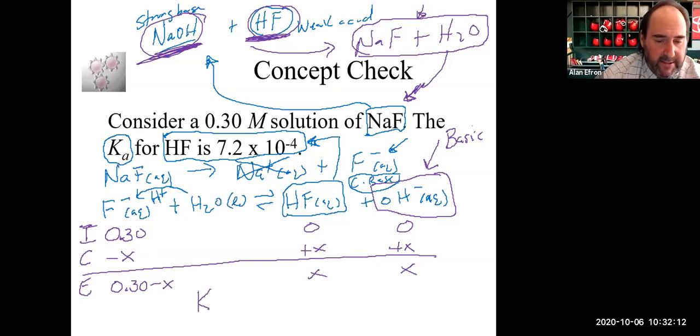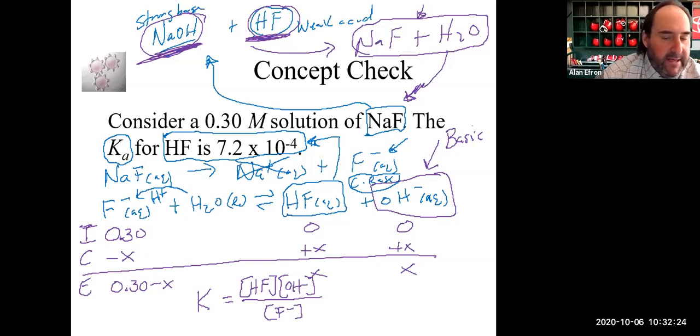So our K in this case is going to be our products, which is HF and OH minus, divided by F minus. Now, the other important thing that we get from this reaction is it's going to be basic. And because I produced hydroxide here, I need a KB.